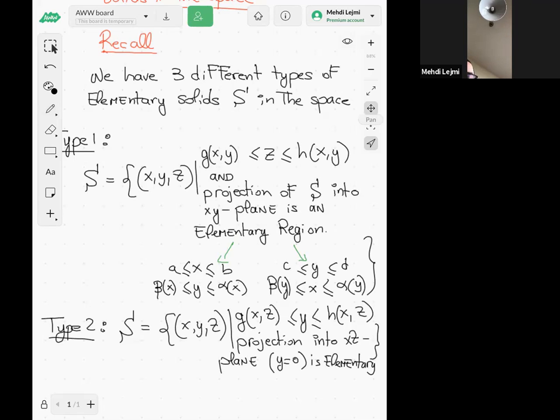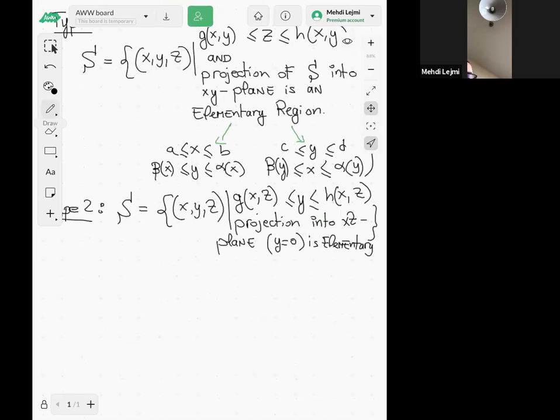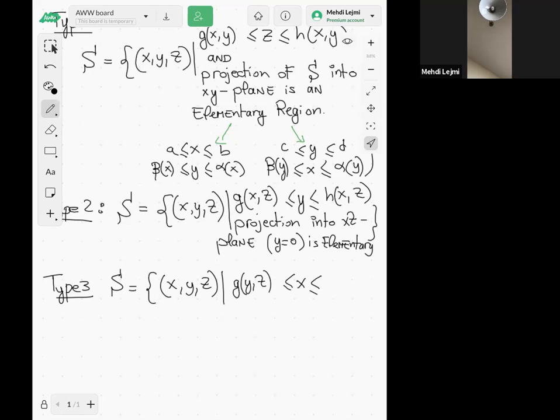And then there's type 3, of course. This is when S can be described as a set of points x, y, z, where x is between two functions of y and z, and the projection, which is part of the definition, is into the yz plane.